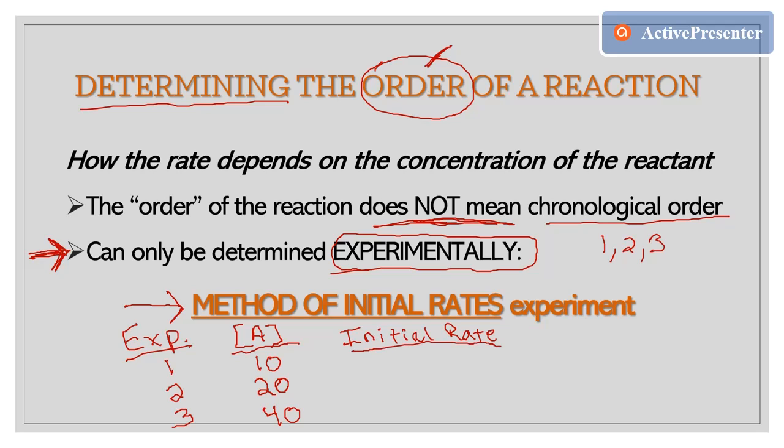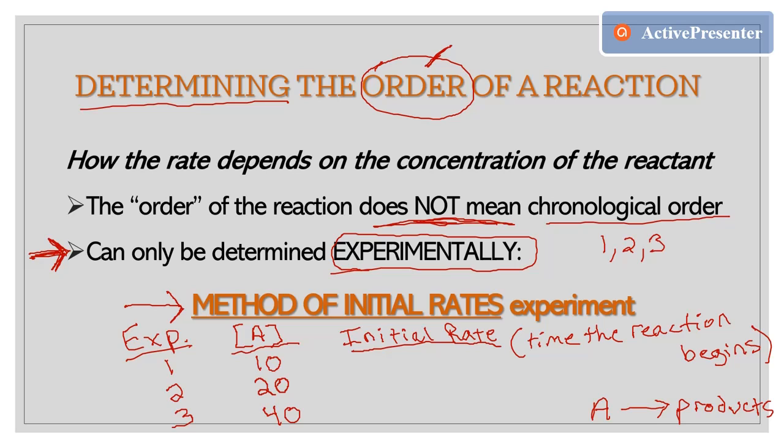is the time the reaction begins. So if we take A and we turn it into products, we break it down into products, once that reaction starts happening and the A starts turning into products, then we time it with a stopwatch or whatever timing device you have, and let's say this first concentration of 10 A takes 1 second before the reaction begins.